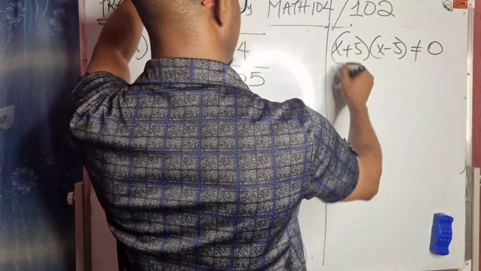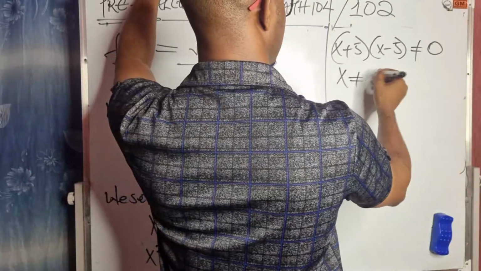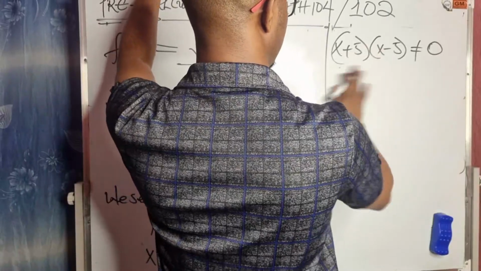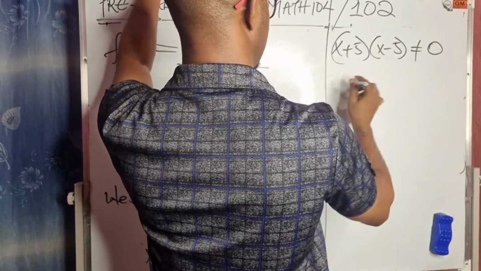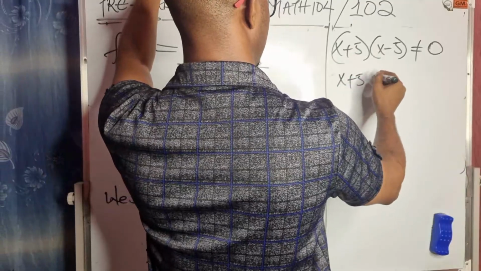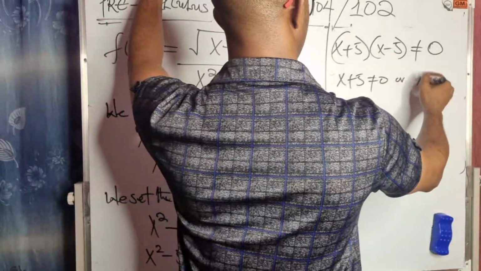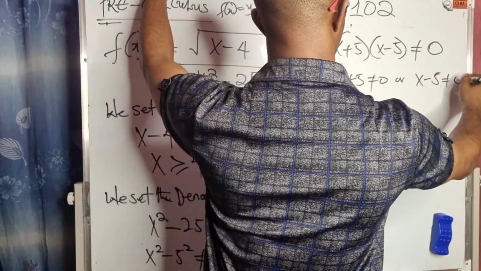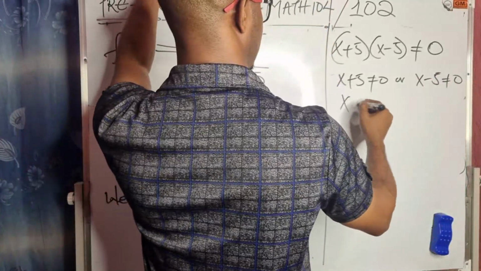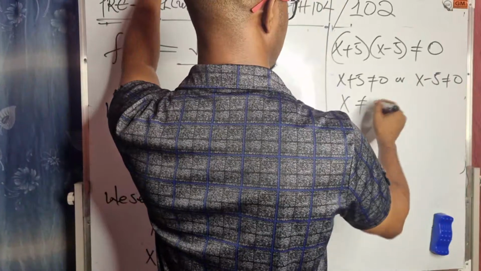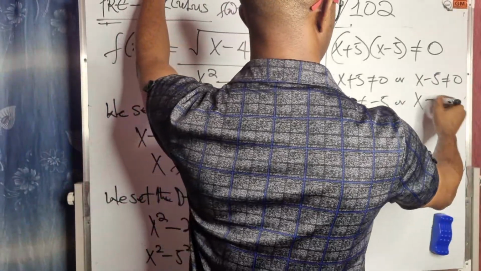So from here, x plus 5 not equal to 0 or x minus 5 not equal to 0. So here we have x is not equal to minus 5 or x is not equal to 5.